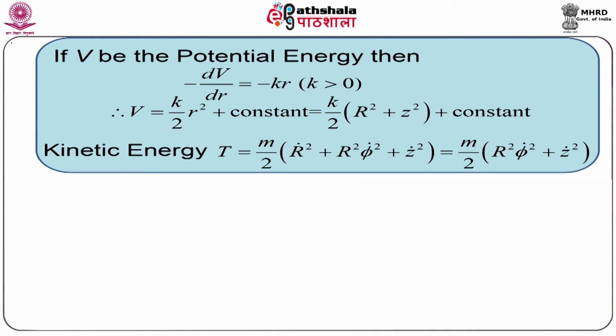Now, kinetic energy is given by T equal to m divided by 2 into capital R dot square plus capital R square into phi dot square plus Z dot square. As capital R is constant, we have capital T equal to m divided by 2 into capital R square phi dot square plus Z dot square.